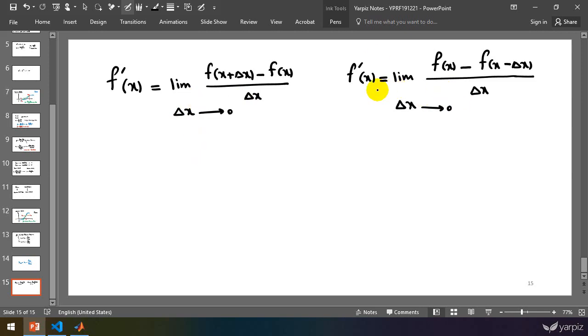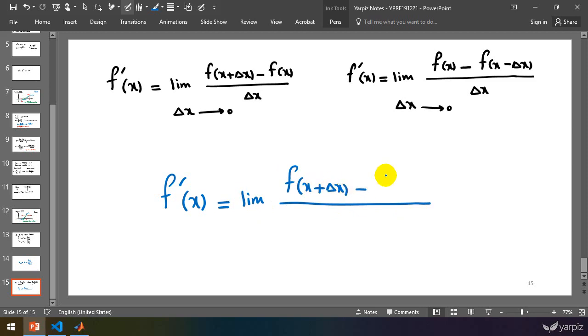If we combine both of them, we can have a central definition, and that's given by this: f prime of x is the limit of this fraction, f of x plus delta x minus f of x minus delta x, divided by 2 times delta x, where delta x tends to 0.